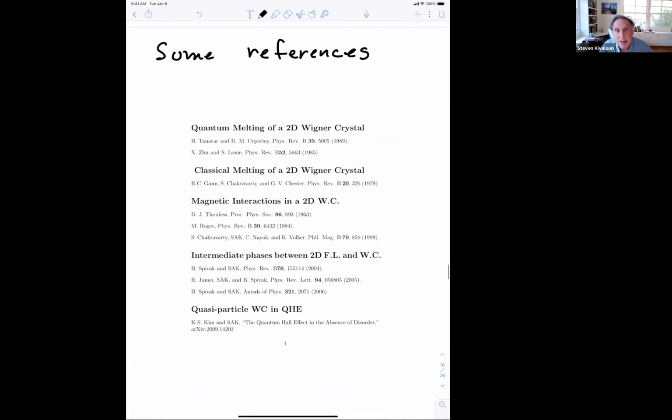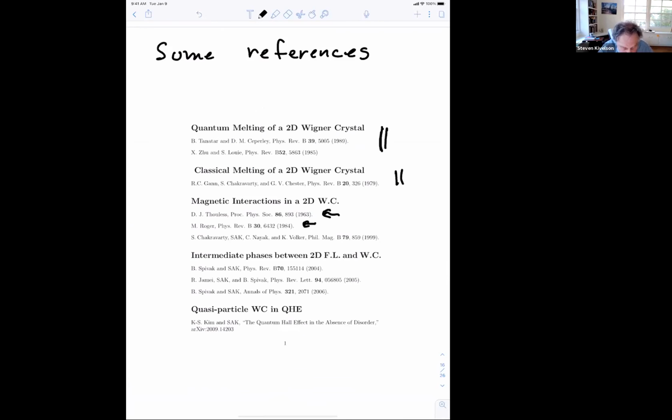Here are some references. These are some of these classic references that I referred to estimating when we have a Wigner crystal at 0 temperature. These have already been referred to, I guess. Here's the Monte Carlo calculation of the freezing temperature of this Coulomb gas. Here's this really interesting Thouless paper.